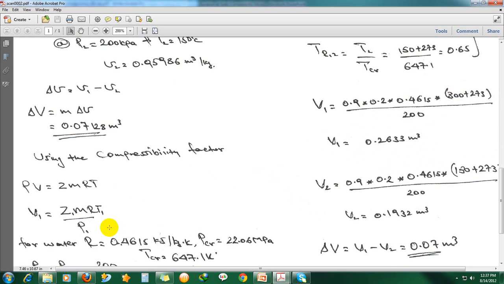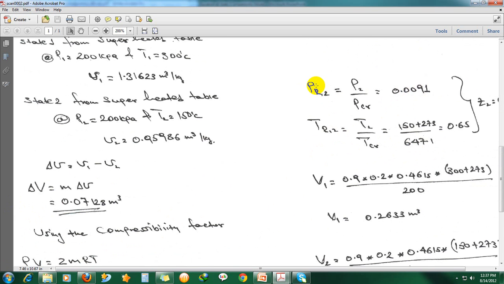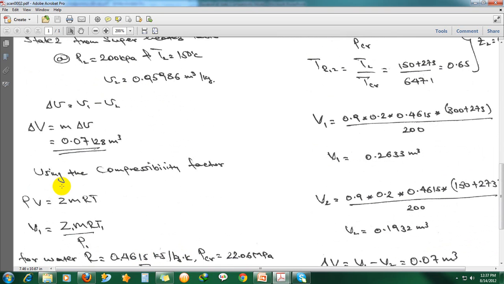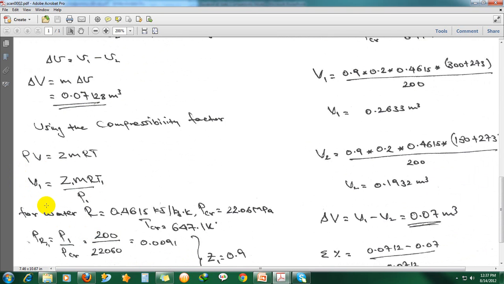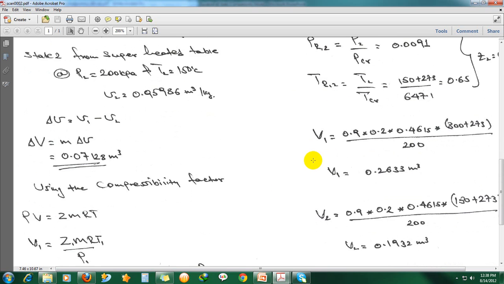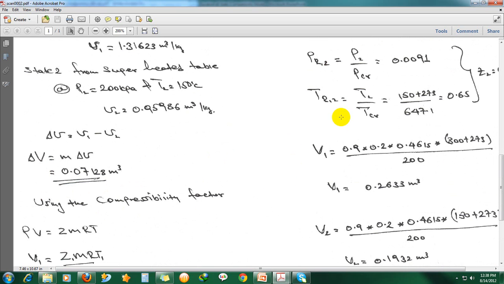Again, for state 2, using the same procedure, we can calculate V2. Mass is constant for state 1 and state 2, and R is constant for state 1 and state 2. So we use T2 and P2 for state 2, and we read Z2. Then we can determine V2. To read the value of Z2, first we have to calculate PR2 and TR2.